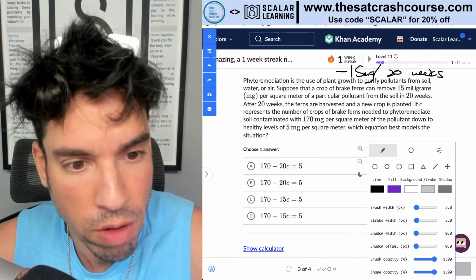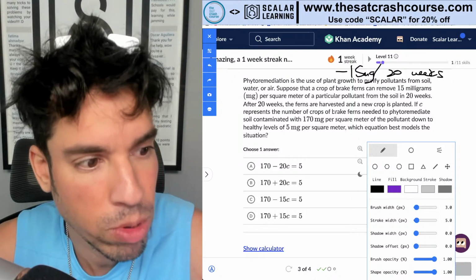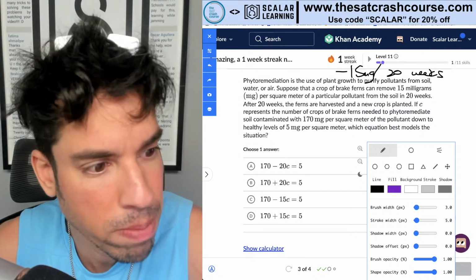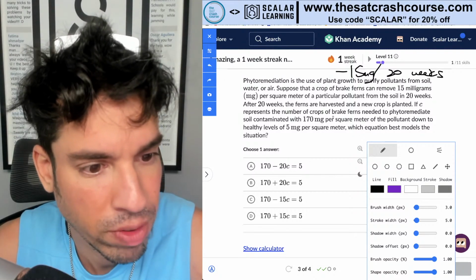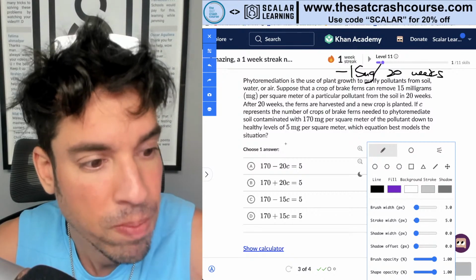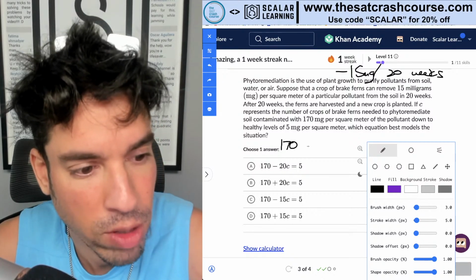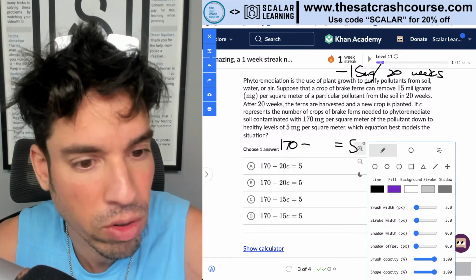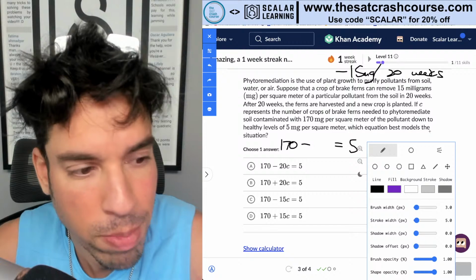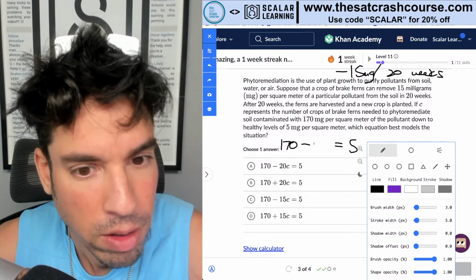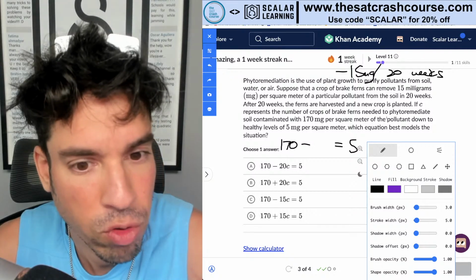If C represents the number of crops of brake ferns needed to phytoremediate soil contaminated with 170 milligrams down to healthy levels of 5 milligrams per square meter. So we need to remove all this stuff to get to 5. Which equation best models the situation? C represents the number of crops.